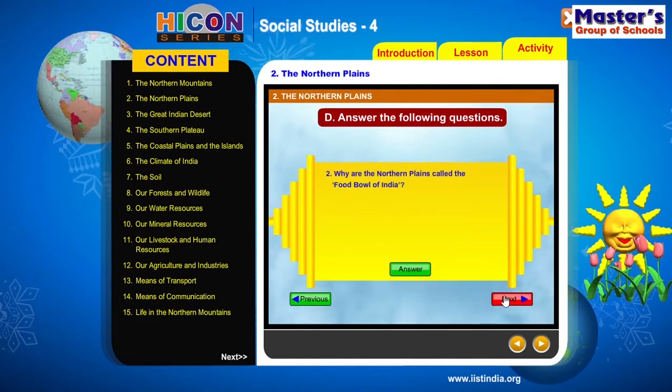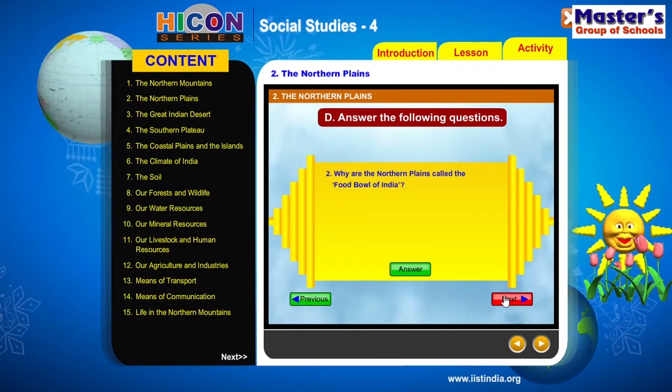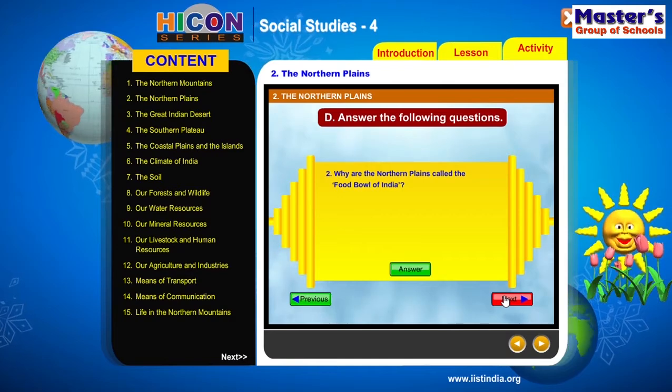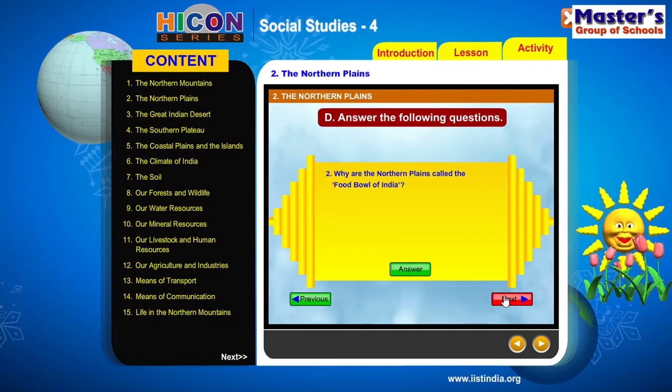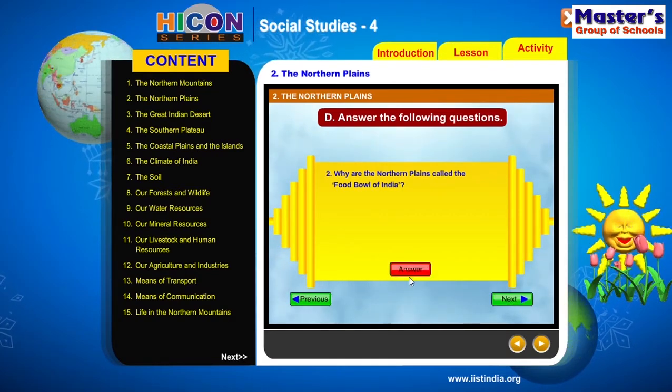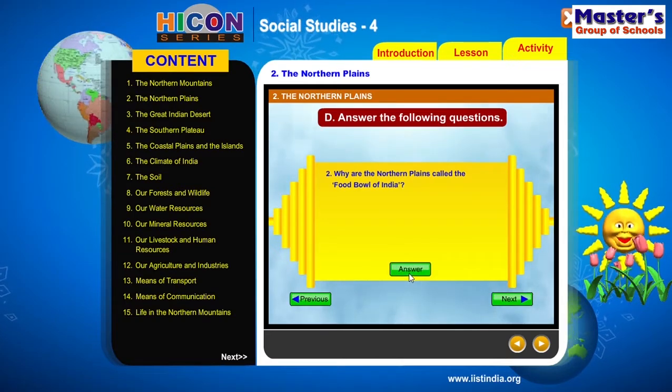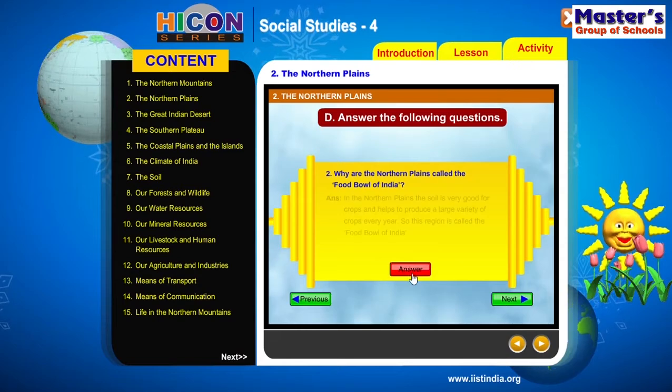The next one. Why are the northern plains called the food bowl of India? We know the northern plains are also known as the food bowl of India.